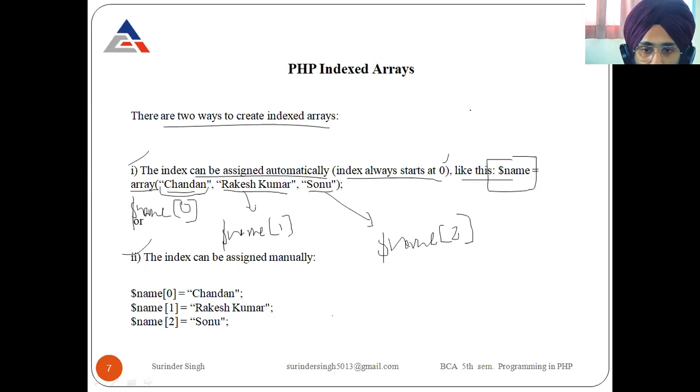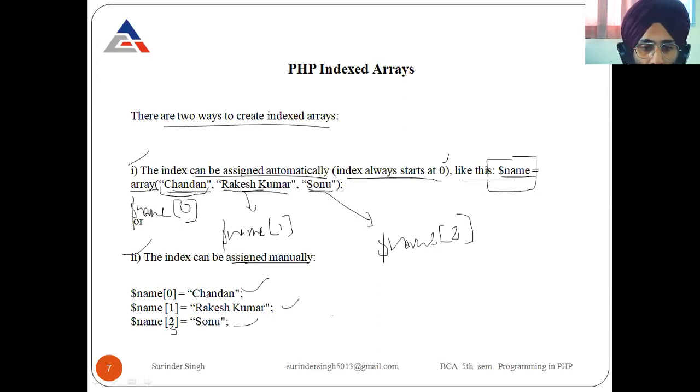Clear. We are simply using the array function. This is a variable name equal to array, and we are passing the values. This is the first method, and in the second method, the index can be assigned manually. Here you can assign the index manually, like changing the values to 2, 3, 0, 1 and 3.